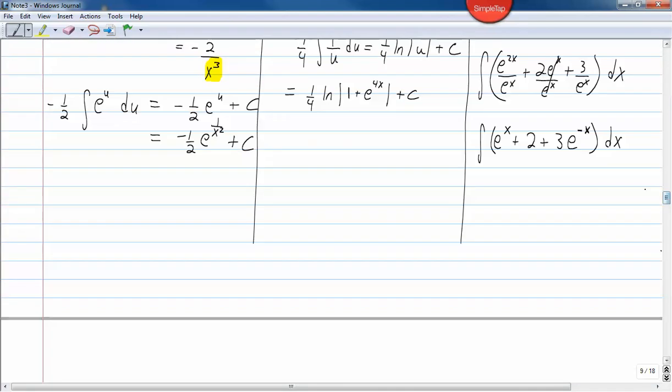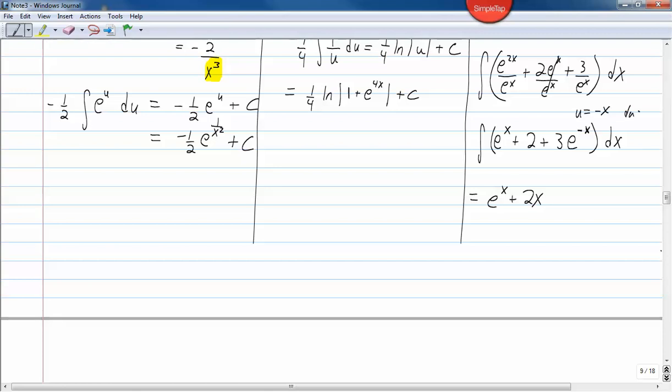Now we can integrate each term separately. The integral of e to the x is e to the x. The integral of 2, make sure you don't just write 2. It's 2x, right? Because the derivative of 2x is 2. And now on this last one here, your u is negative x.